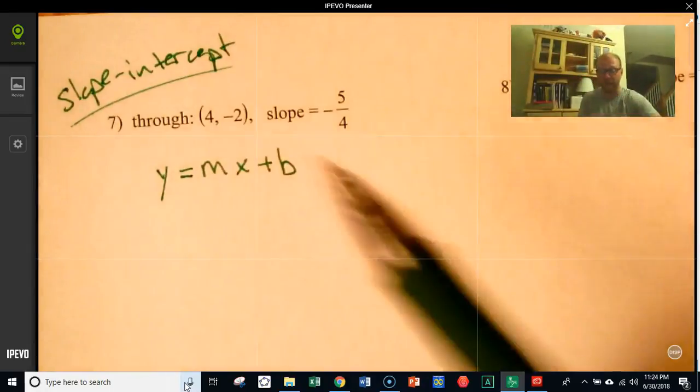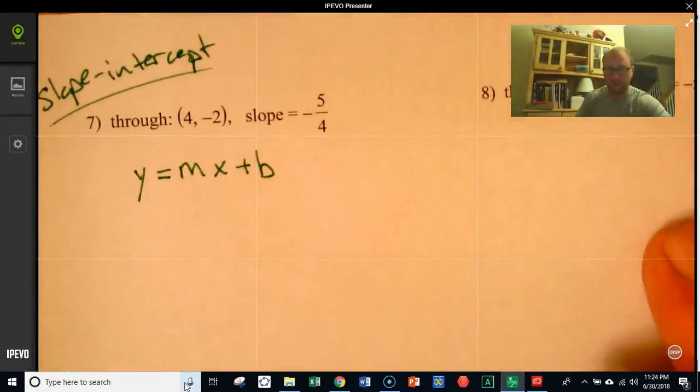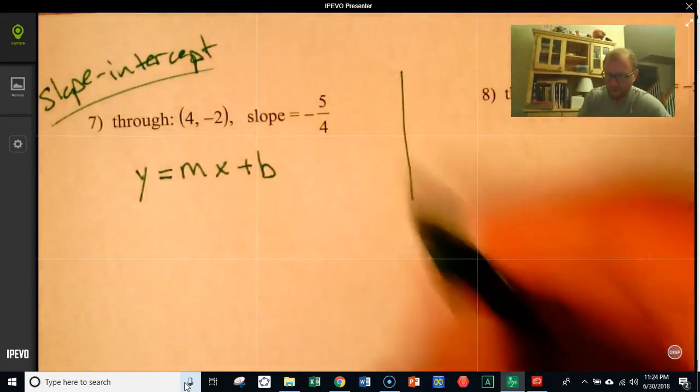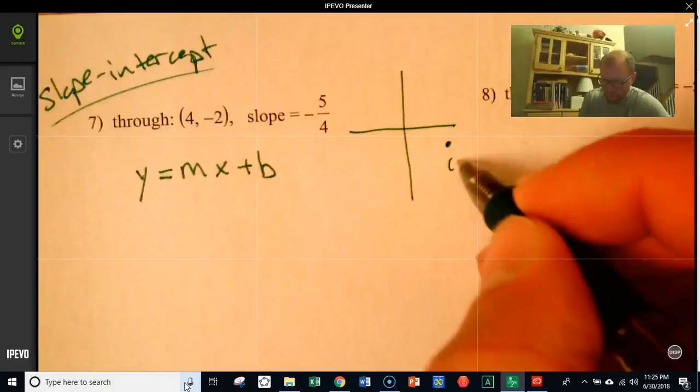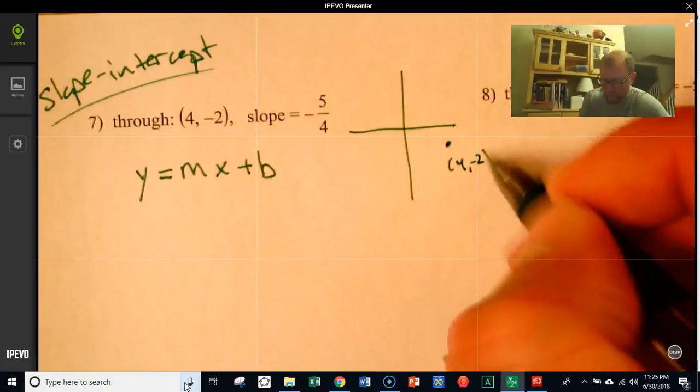right here, 4, -2. So if you sketch this out, here's this point, 4, -2.